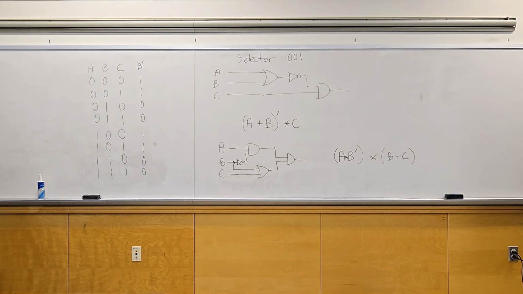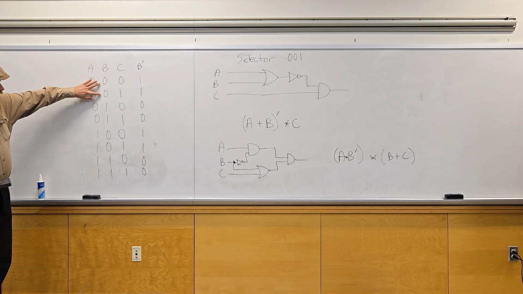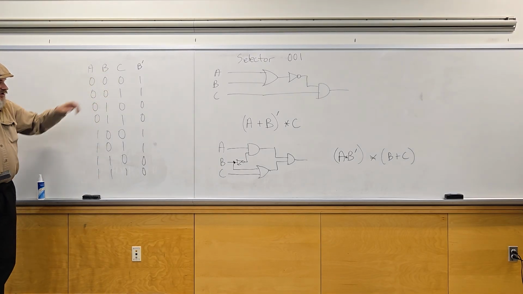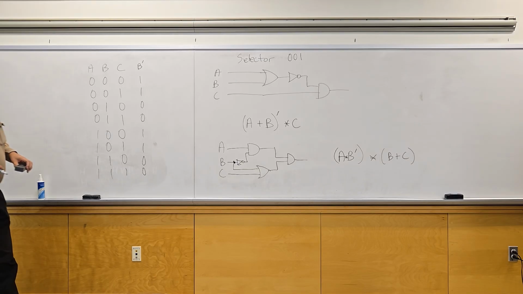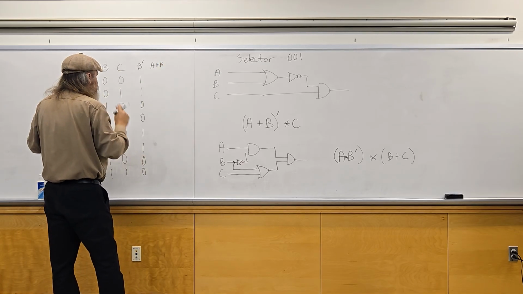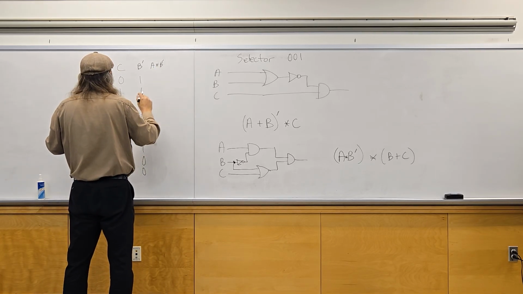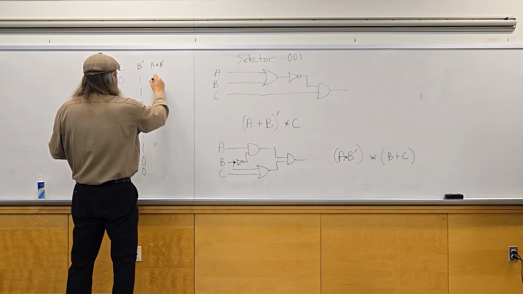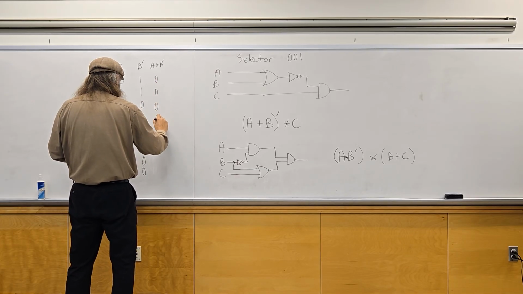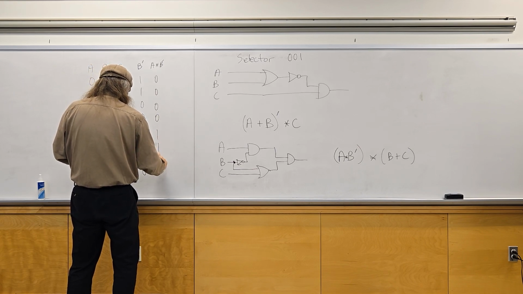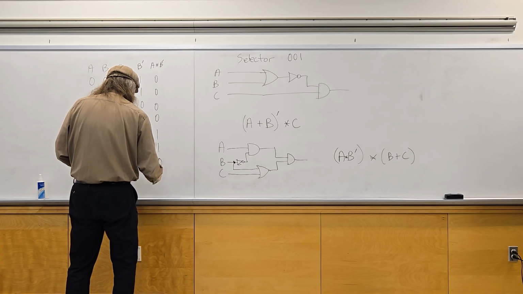Right? Just the invert of the B column in this column. And then A star B prime, sorry, is going to be zeros and 1, 1, and 0, 0.